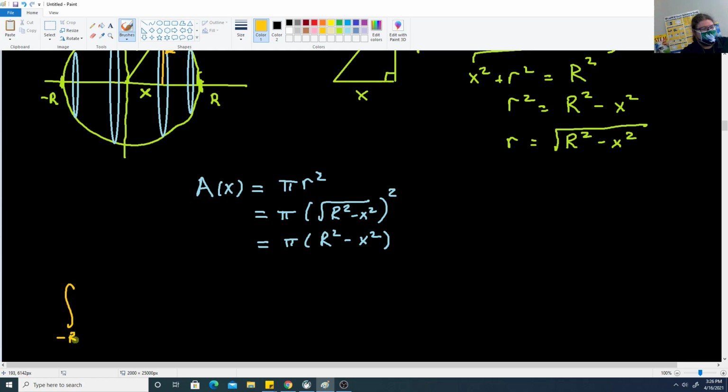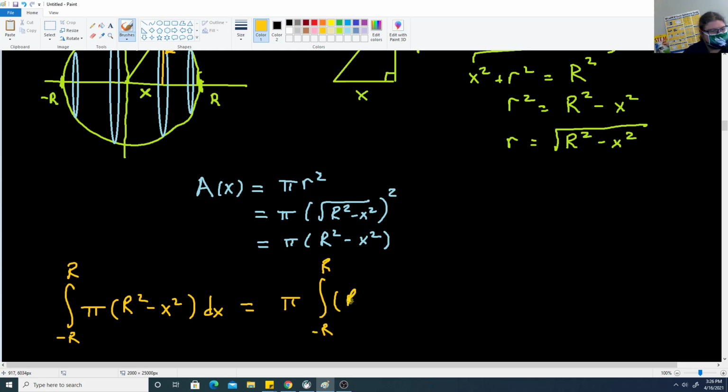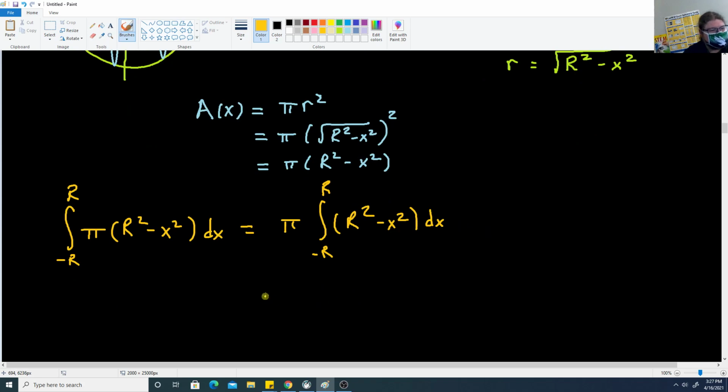We'll say negative capital R up to positive capital R. We're going to integrate the area function, which is pi times R squared minus x squared dx. I'm going to push pi out front of our integral since it's a constant. In this expression, x is the variable, so we go to integrate this.